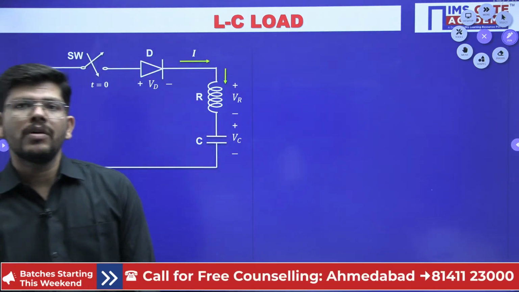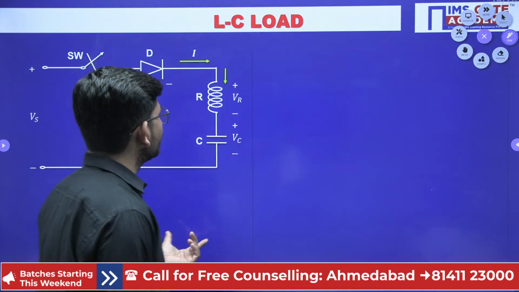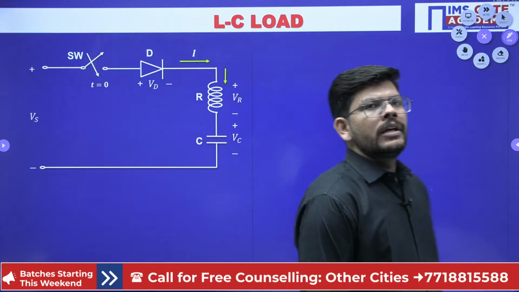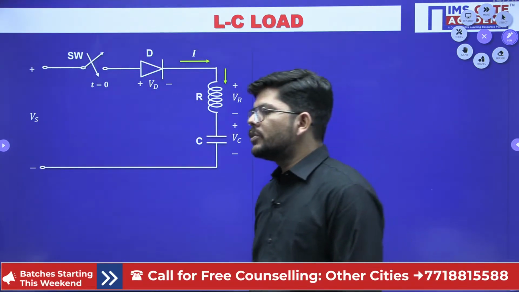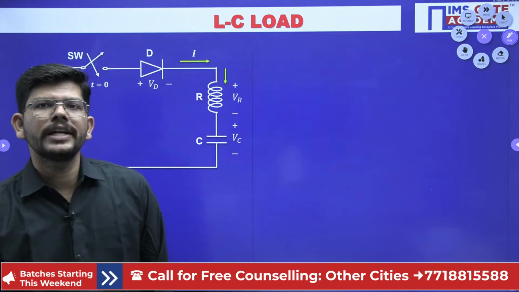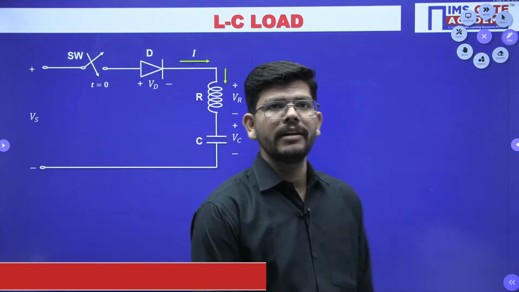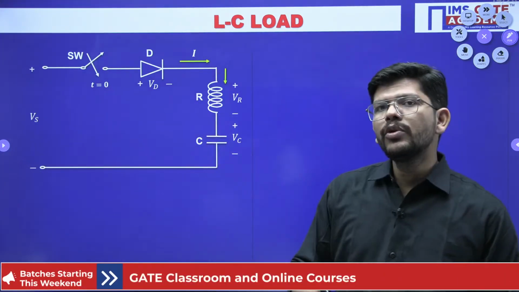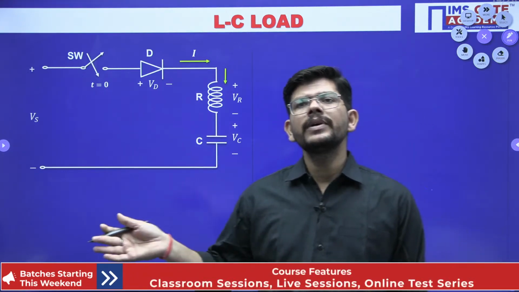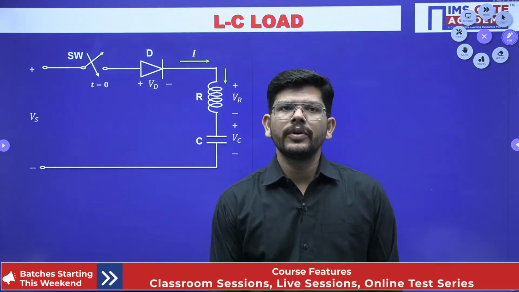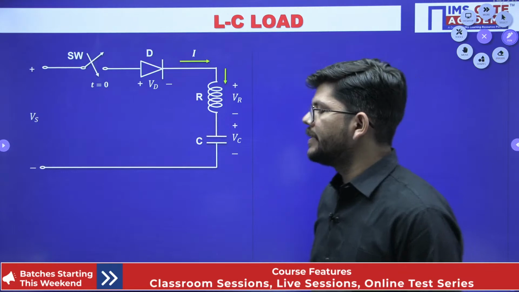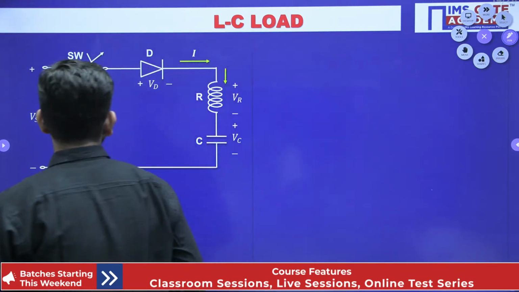So we have understood how the RL circuit is behaving and what the behavior of this freewheeling diode is. Now another important circuit is the LC circuit. Whenever we want to turn off the switch, this circuit becomes more important. These can be part of load commutation as well in the case of SCRs. So again we will apply the same steps.